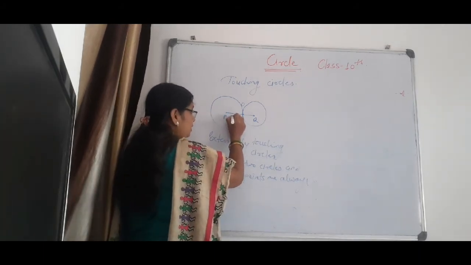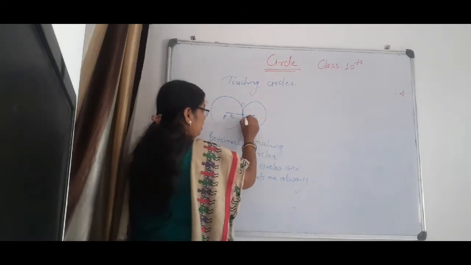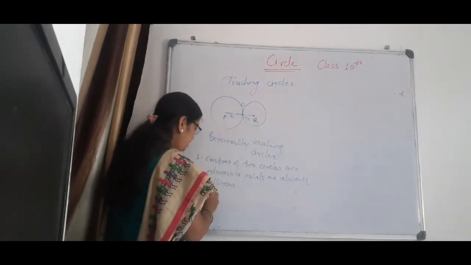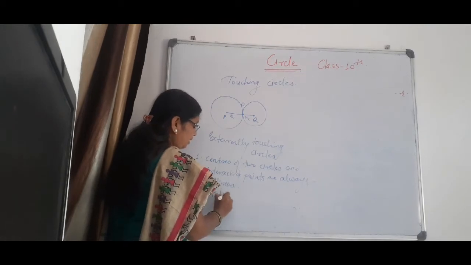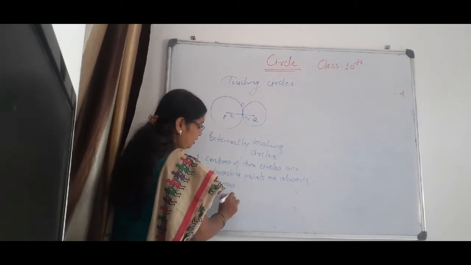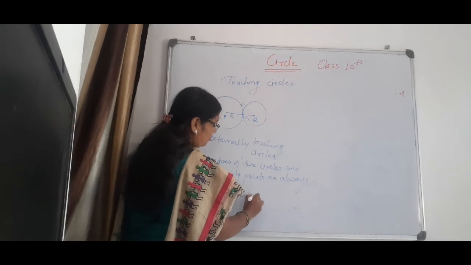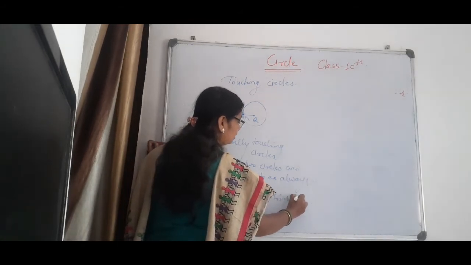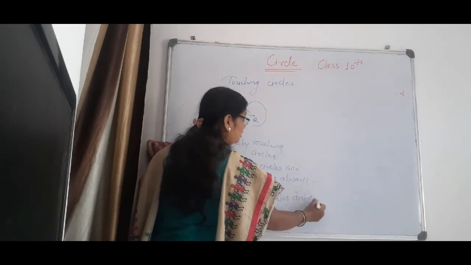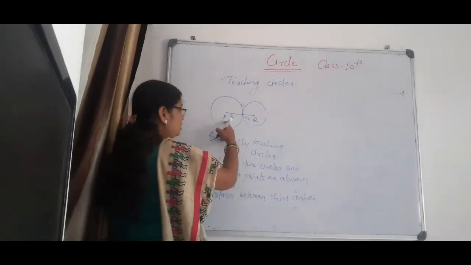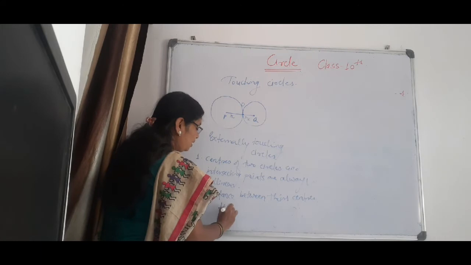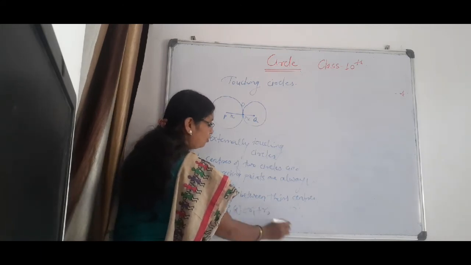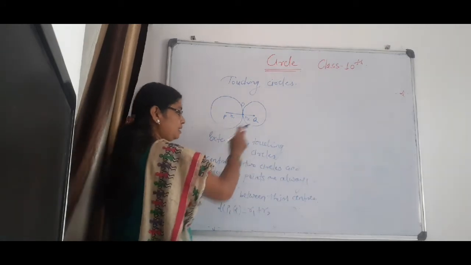If the radius of first circle is r1, radius of second circle is r2, then the distance between their centers, means distance PQ, is always the sum of the radii of 2 circles, that is r1 plus r2.